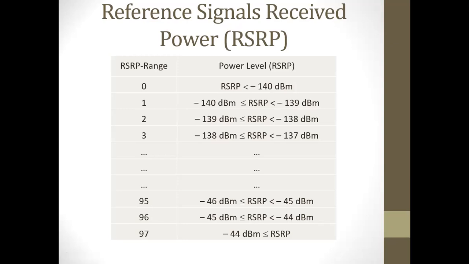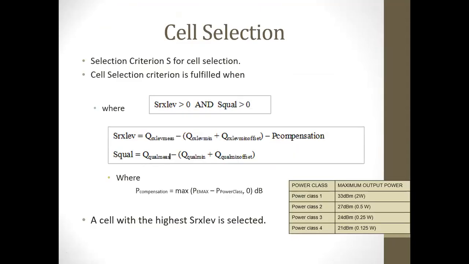So some integer values are used in the layer 3 calculation for comparison purposes or suitability checking purposes. These integer values are actually used in this equation: Qrxlevmeas, Qqualmeas, and also some integer values broadcast in SIB type 1.